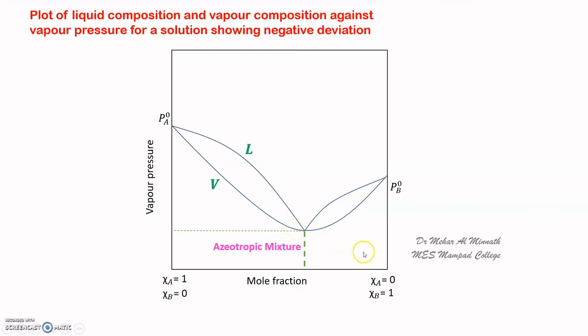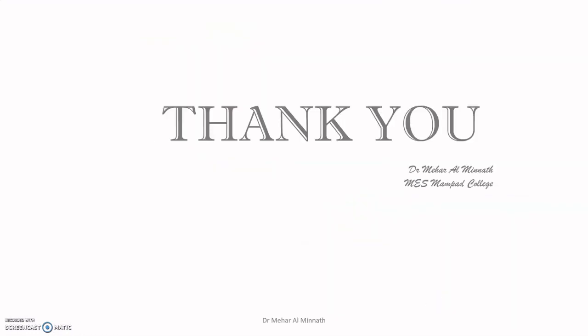Now we need this plot and the concept of azeotropic mixture to discuss various processes, particularly the fractional distillation process. We'll look into that later on. Hope it is clear to you. Please draw the graph and make yourself thorough. Thank you.